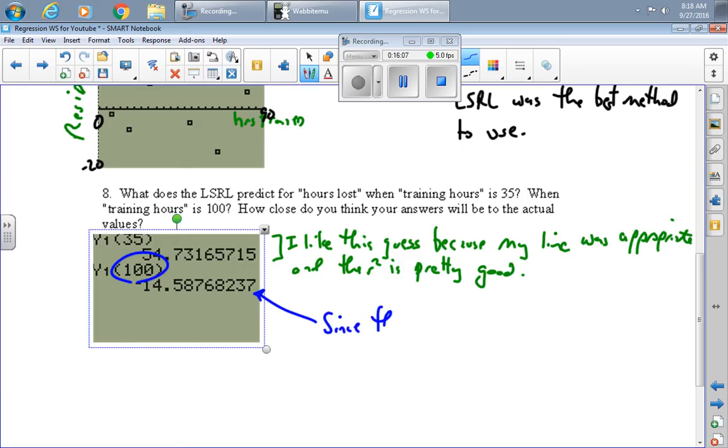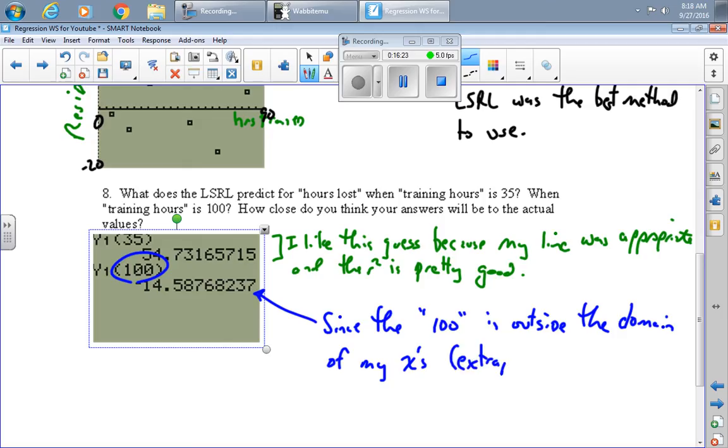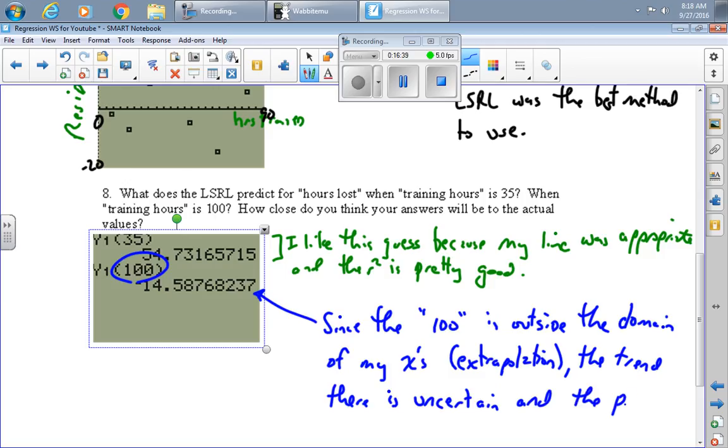Since the 100 is outside the domain of my x's, which is called extrapolation, the trend there is uncertain, and the prediction is unreliable.